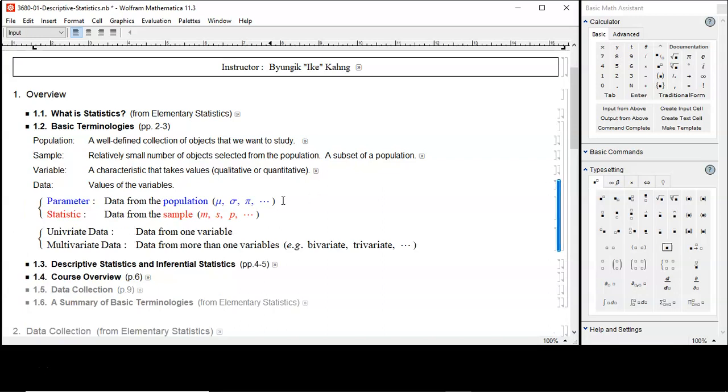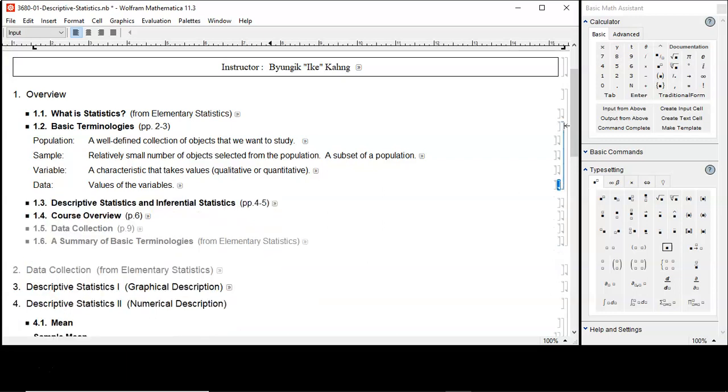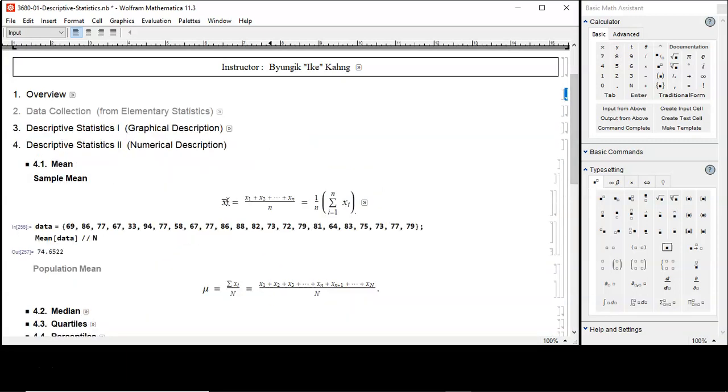Here's a reminder. Data from a population is called a parameter, and we use Greek letters, mu, sigma, pi, those kinds of things. Data from samples are called statistics, and we use Roman characters, m, s, p, and so on. Here we are using m versus mu, or it's very common to use x-bar instead of m.